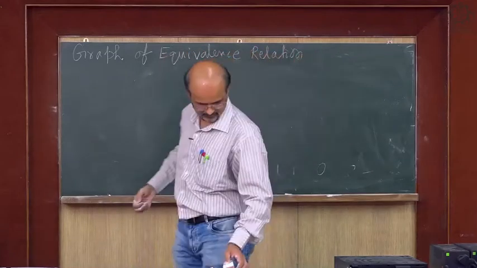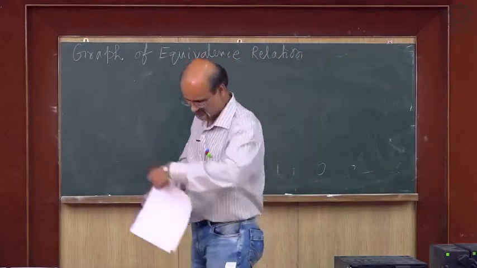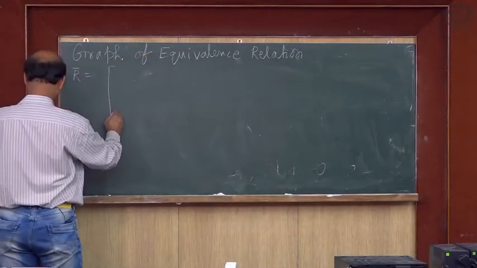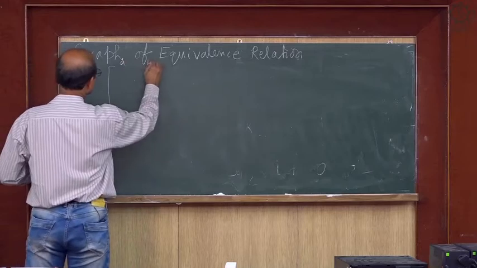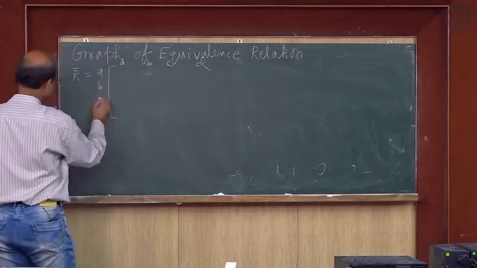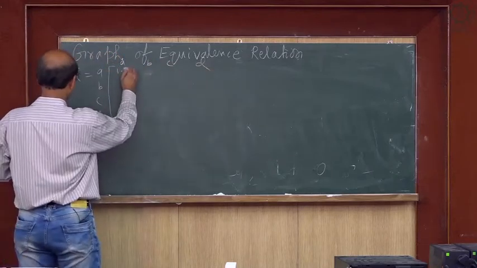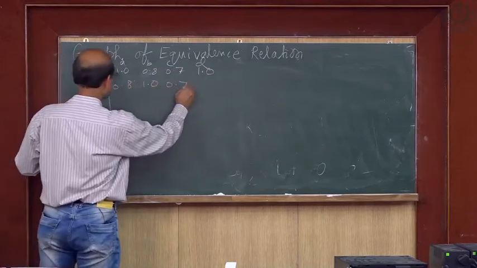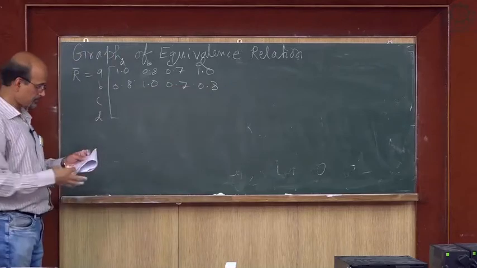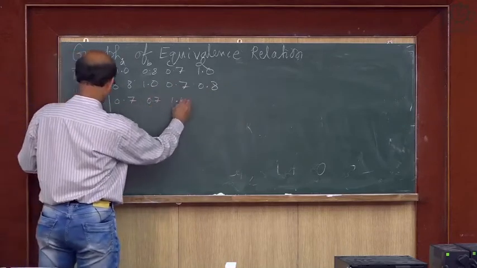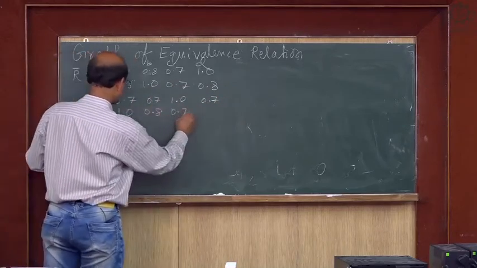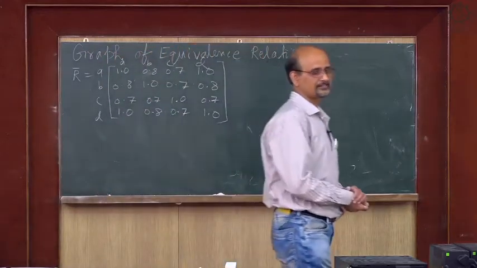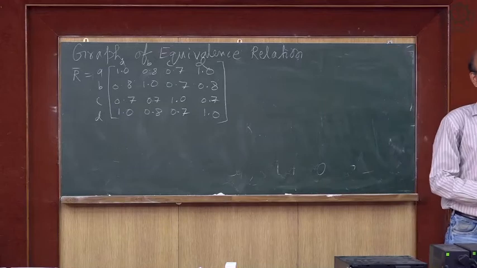Suppose I have the relation matrix like this, with A, B, C, D, where the first row has 1.0, this is the second row, 0.8. So, this is your given relation matrix R bar.